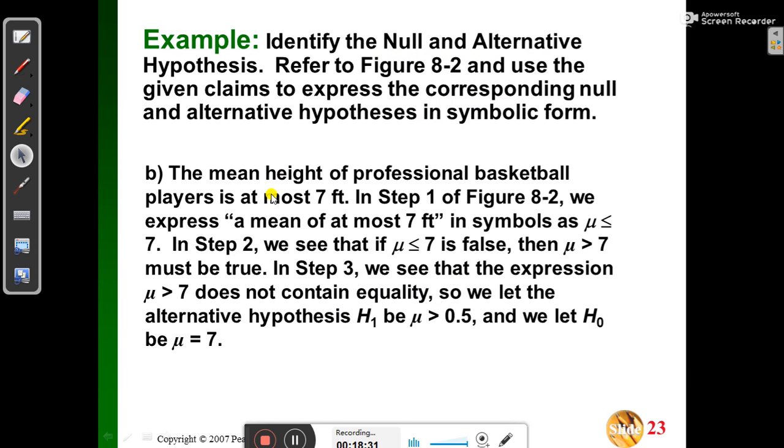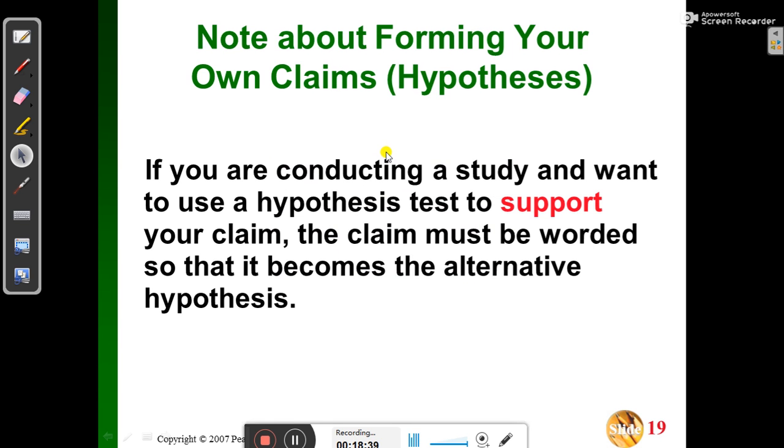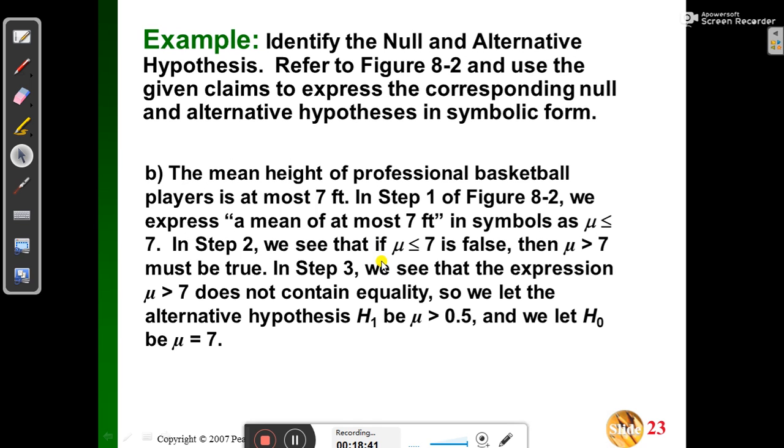The second one is the mean height of a professional basketball player is at most 7 feet. In step 1 of figure 8.2, we express the mean of at most 7 feet in symbols as mu less than or equal to 7.